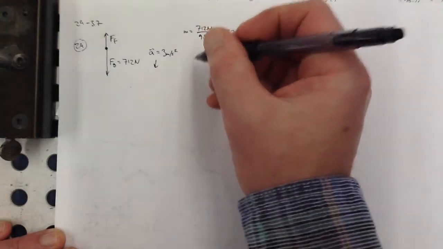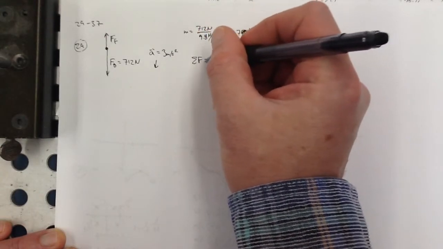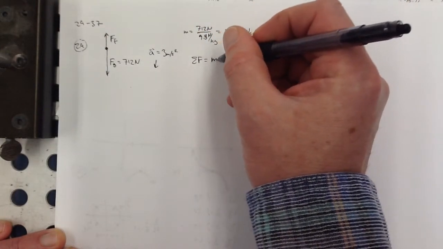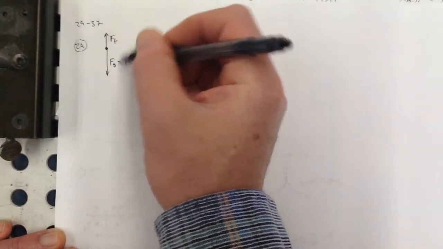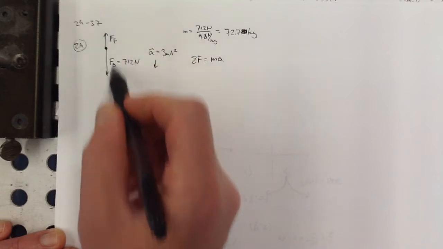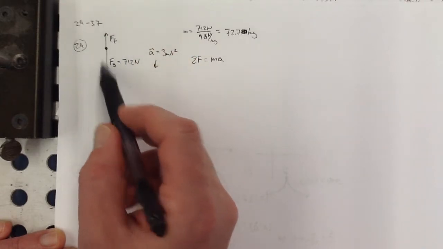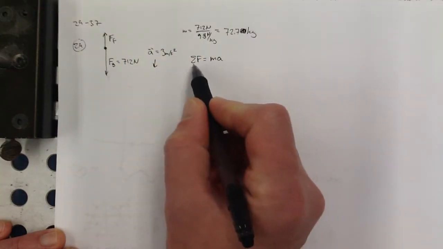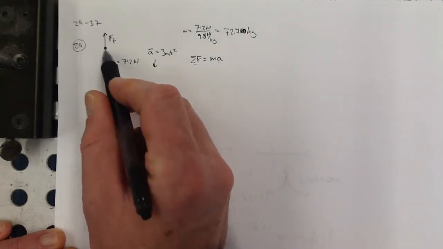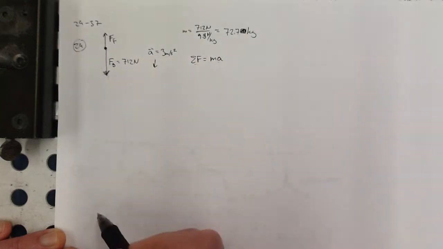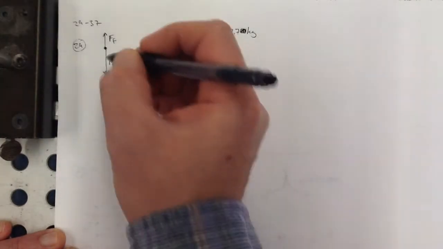And I know that the sum of all forces on the firefighter is equal to mass times acceleration. When I set up these types of problems, I treat the winning direction as positive. I'm going to say the gravitational force is winning.